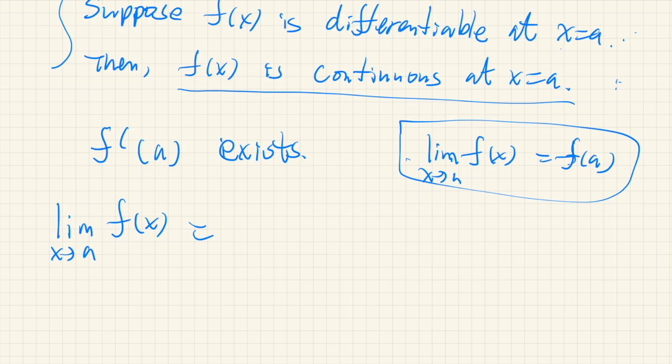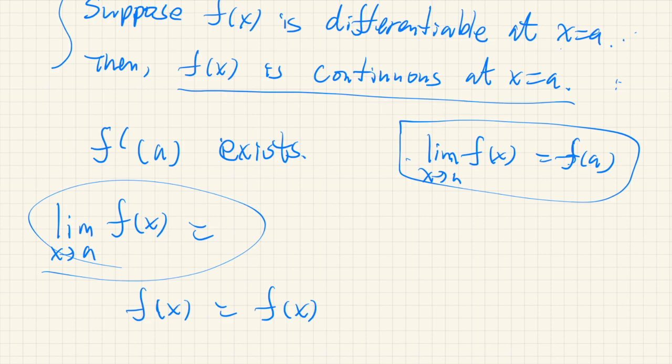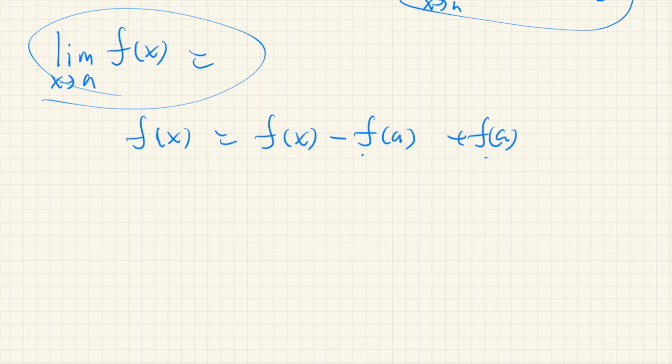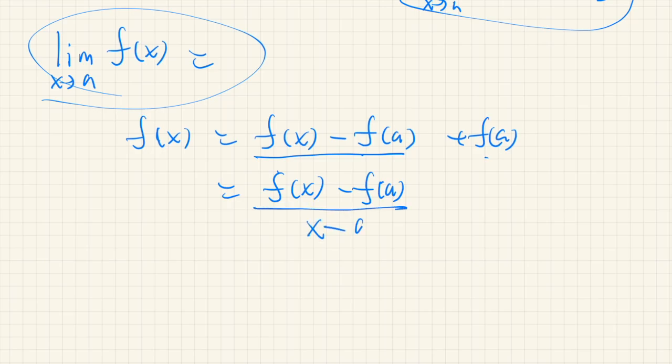f of x, we want to calculate this, okay? So f of x is equal to f of x minus f of a plus f of a. Right? We just subtracted and added f of a. And now this part becomes f of x minus f of a divided by x minus a, times x minus a. We just multiplied and divided by the same number, and f of a remains.